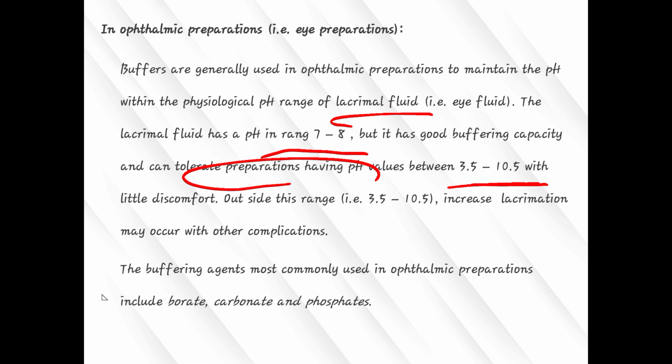When outside the range of 3.5 to 10.5, increased lacrimation may occur, leading to other complications. You understand? The pH of ophthalmic preparations should range from 3.5 to 10.5.